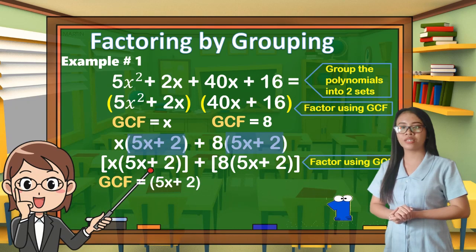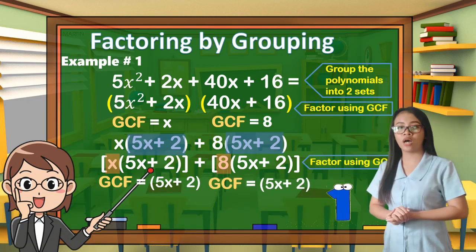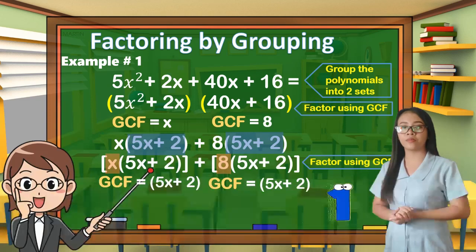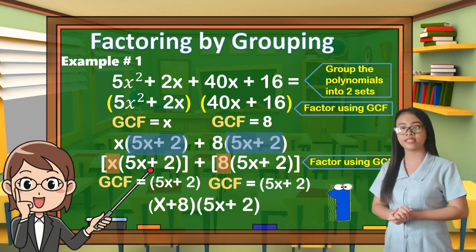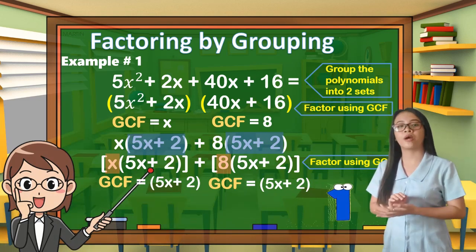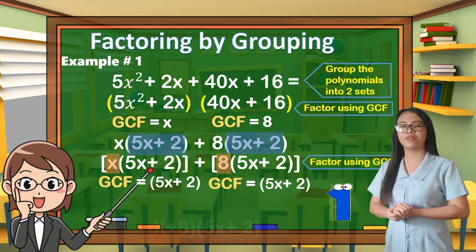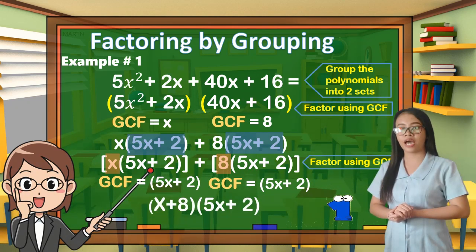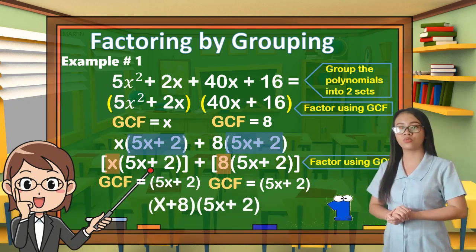After we separate 5x plus 2 outside the parentheses, the remaining terms are x and 8 inside the parentheses. So by factoring by grouping, we produce x plus 8 times 5x plus 2.